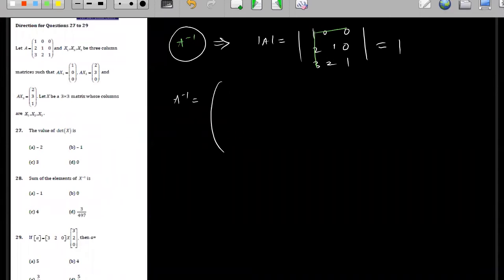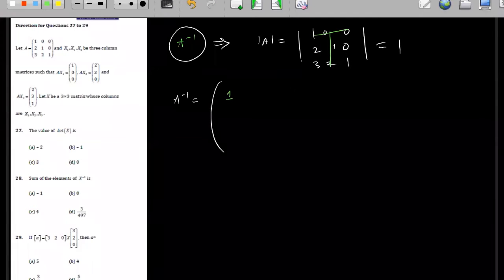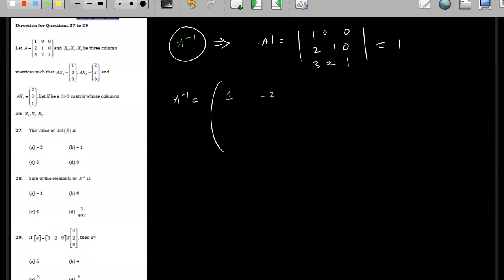So 1 into 1, so first element is 1. Then second element is 2 ones are 2, so minus 2. Third element will be 2 into 4 minus 3, so 1.